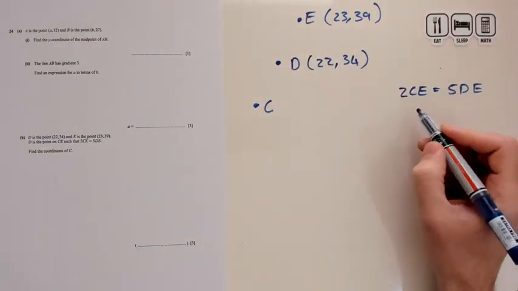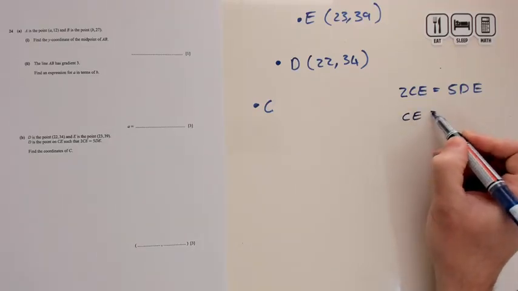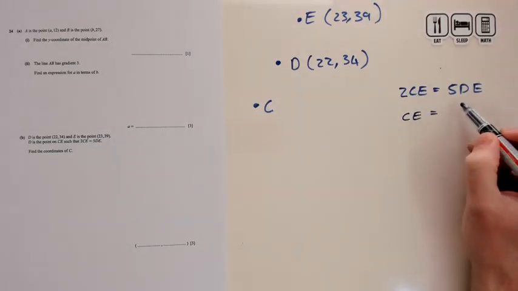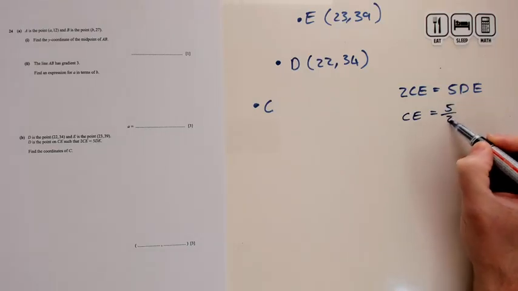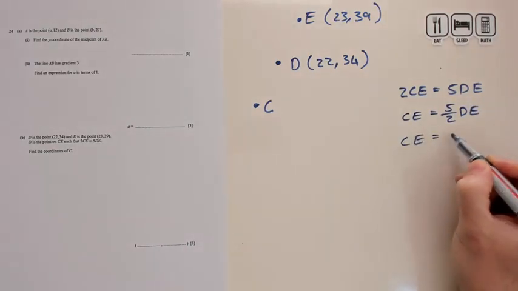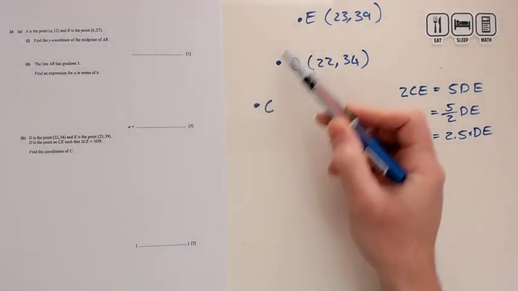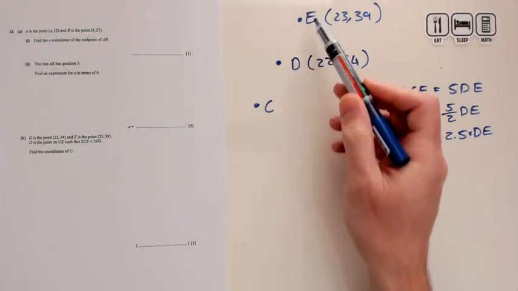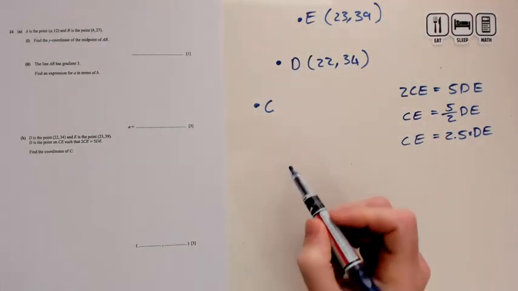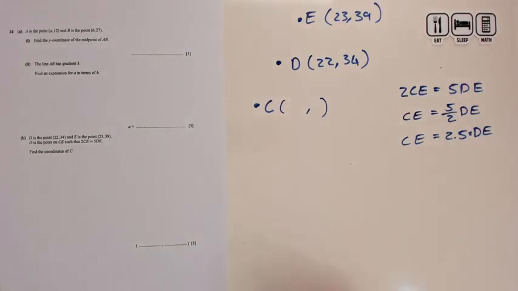I can rearrange this to make CE stand alone. So I just divide by 2 on both sides. So I have 5 over 2 DE, or it can be written as 2.5 times DE. So CE is 2.5 times DE. And they're asking me to find the coordinates here.